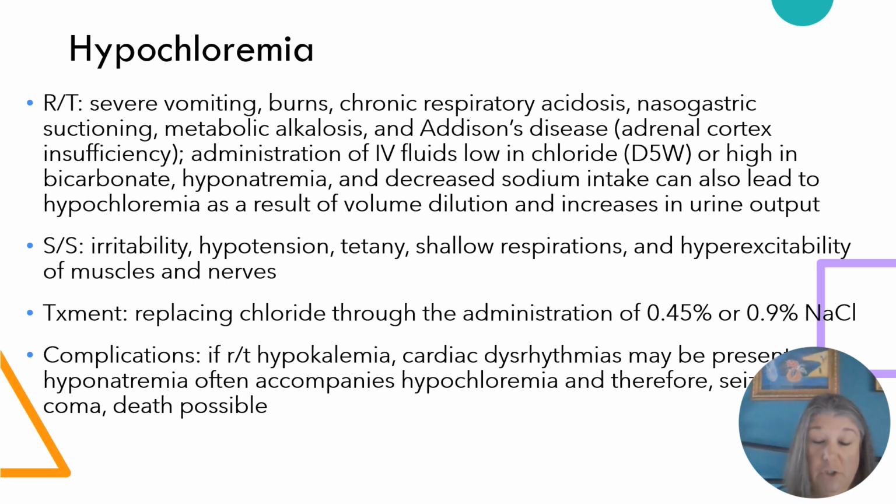Okay. So signs and symptoms, a lot like low sodium: irritability, hypotension, tetany, shallow respirations, hyperexcitability of muscles and nerves. Treatment, we're going to replace that chloride. Okay, we may give 1/2 or normal saline.